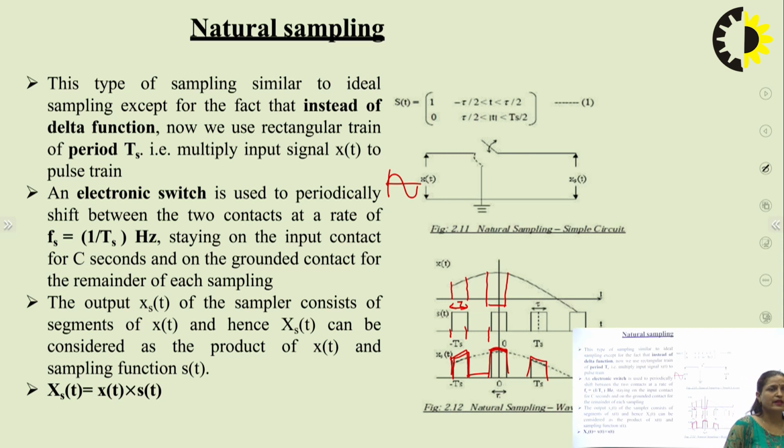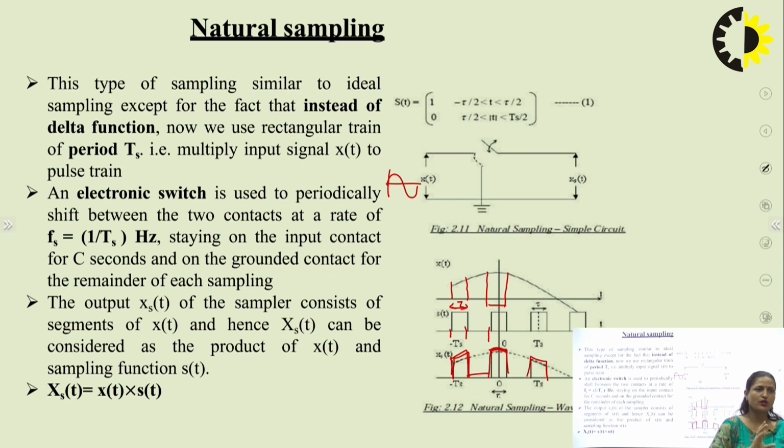This type of sampling is similar to ideal sampling, except that instead of a delta function, here we are using a rectangular train of period Ts, multiplied with your input signal x(t). For this, we use one electronic switch which periodically shifts between two contacts at the rate of the sampling interval, that is Fs equal to 1 upon Ts.